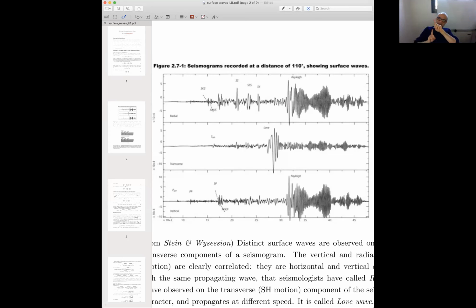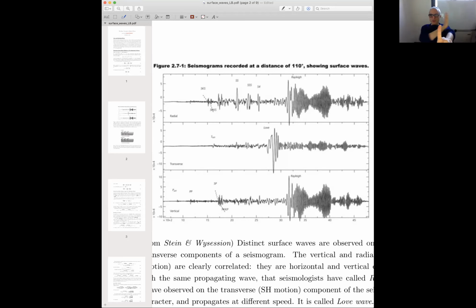So vertical, transverse, radial. So if you have a wave that travels, and you look from the receiver at the source, the transverse wave moves, and here you really have to see me, so stop me if that's not the case.